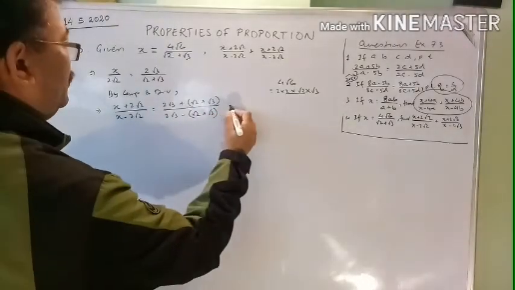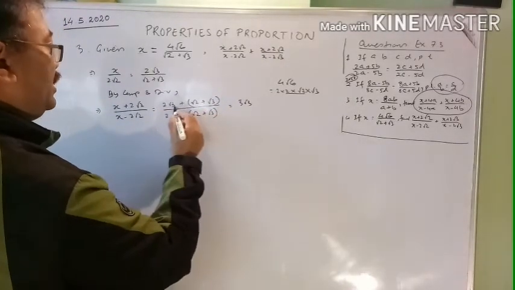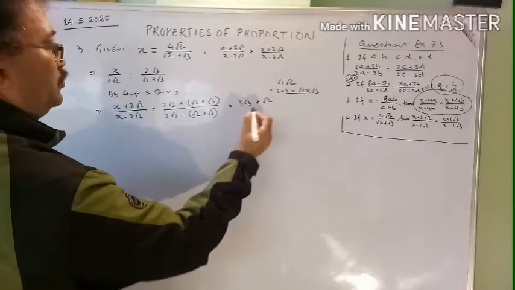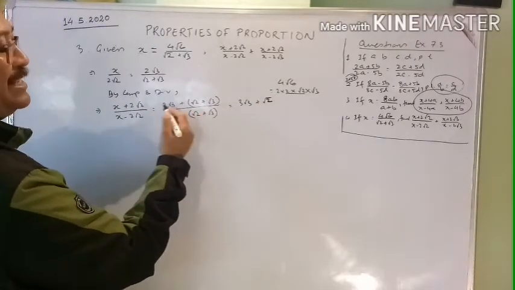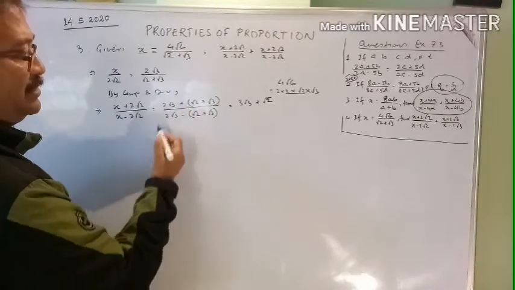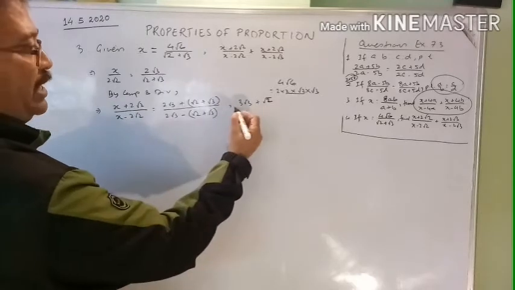Okay, so this will give you 2 root 3 plus root 3, which is like adding x only, 2x and x. So 2 root 3 plus root 3 will be 3 root 3, and root 2 is there.